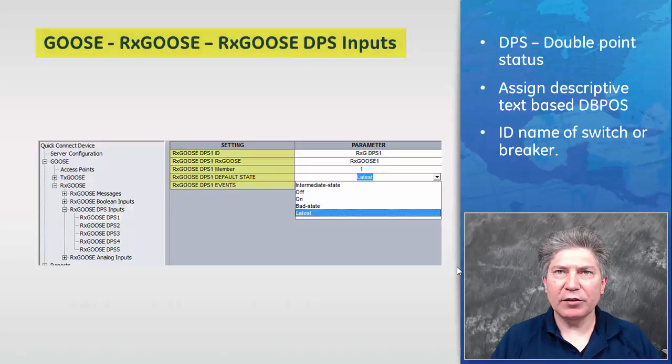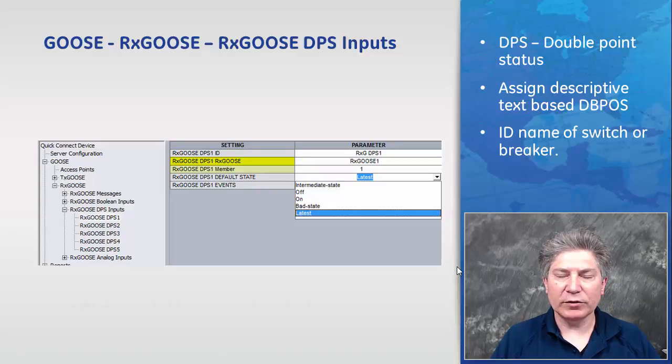These settings allow the user to assign descriptive text to the name of the 4 RX Goose DPS1 flex logic operand. So we'll just go through it quickly again. The ID is the name of the device, so typically being a breaker or a switch. The RX Goose, you select one of the 16 RX Gooses.